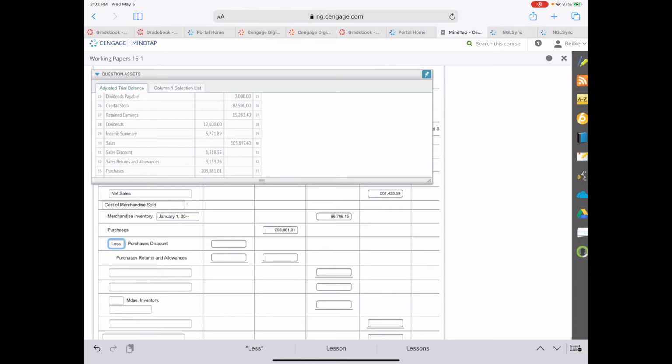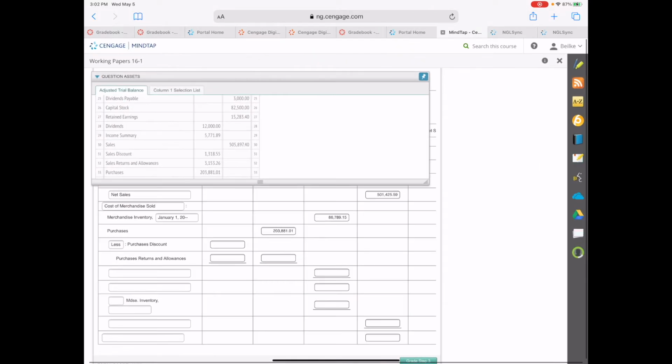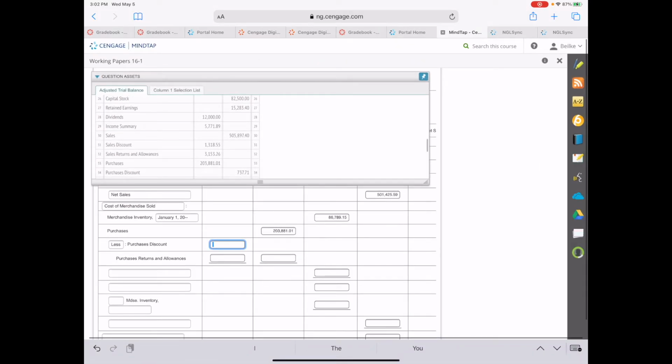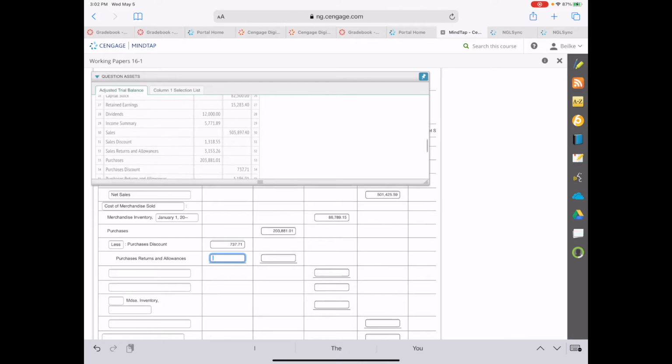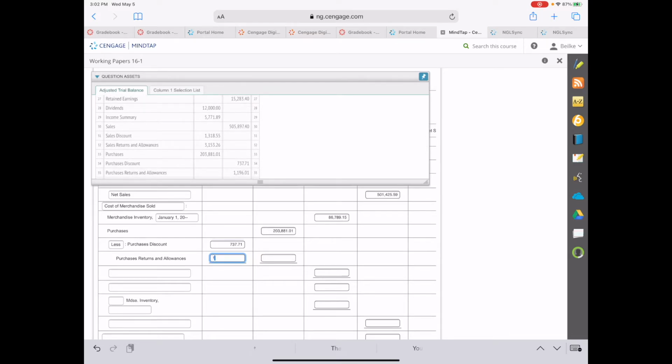We have to take away our discount and our returns. So our purchase discount is $737.71. Purchase return and allowances, the next one there, is $1,196.01.